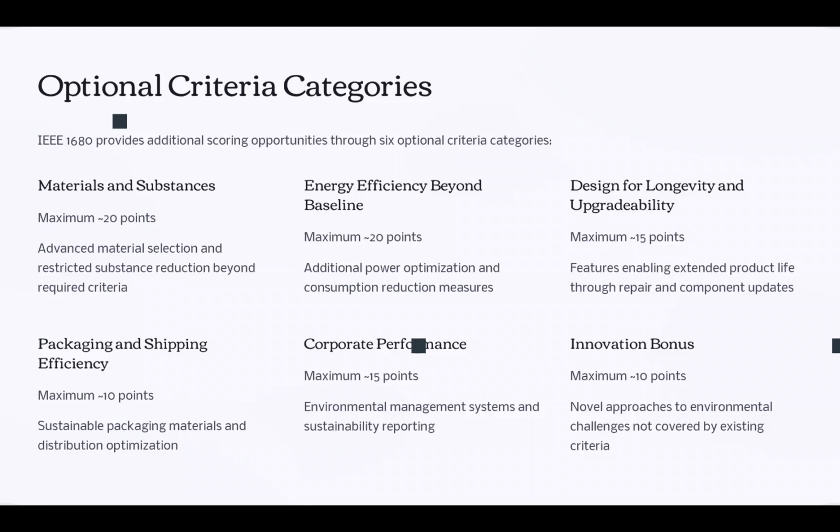The point distribution across categories is designed to push companies to improve across the board. So it's not just one area. A product that maxes out in just energy or packaging wouldn't hit the gold certificate unless it also makes meaningful improvement in other areas.